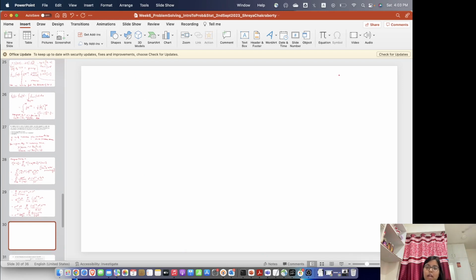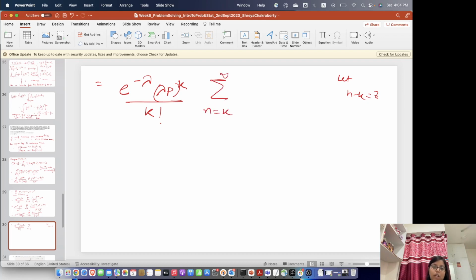Now let us write n minus k equal to some z. So we'll have here e to the power minus lambda p to the power k by k factorial, summation n equal to k to infinity.